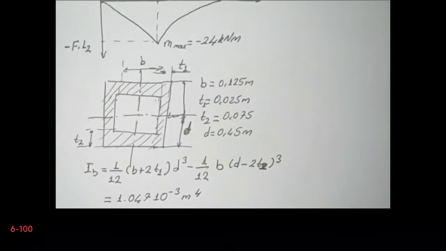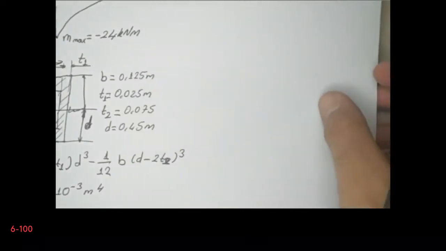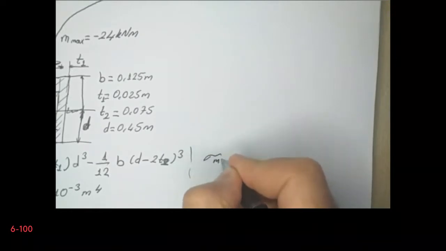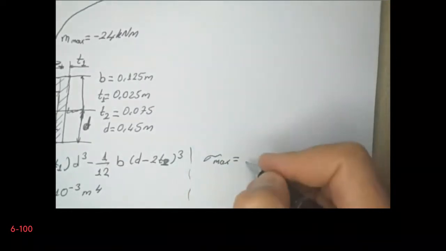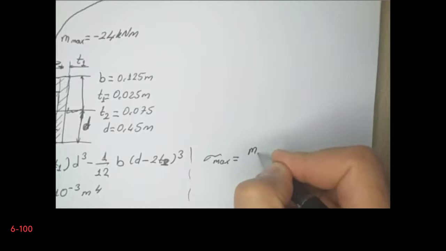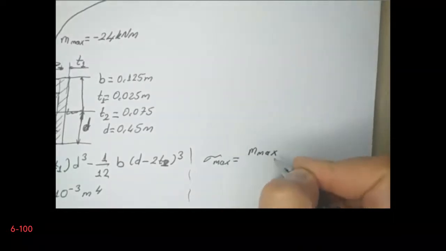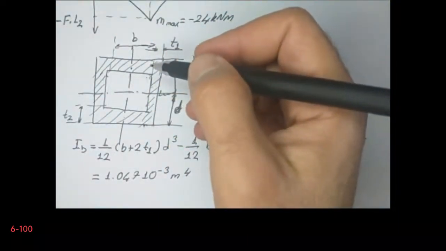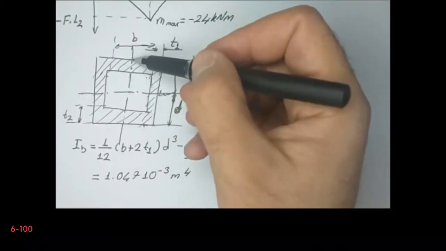Now we can calculate the maximum stress for this configuration. So sigma max, the absolute value of the maximum stress, is M max times, perhaps we will see the maximum stress at the free surfaces, either here or here.